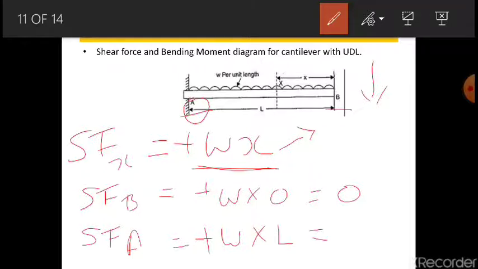If the load was only along a certain length, then it would be taken as that much length. It is along the length of the beam, that is L. So we will be taking length L. So it will be plus W into L. This is your final answer, in kilonewton or newton. W into L is what the shear force is.